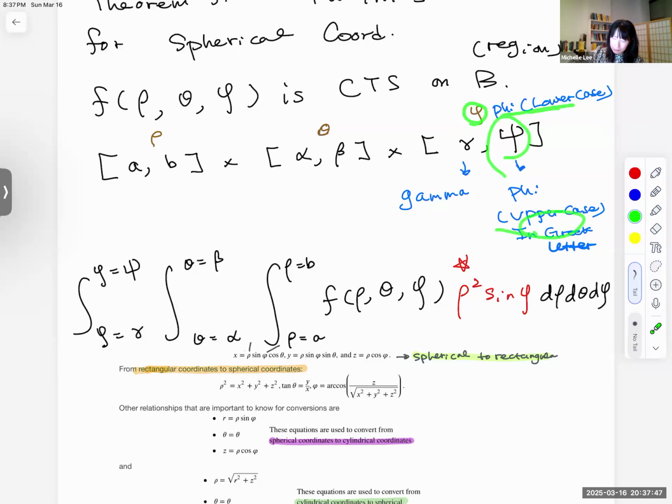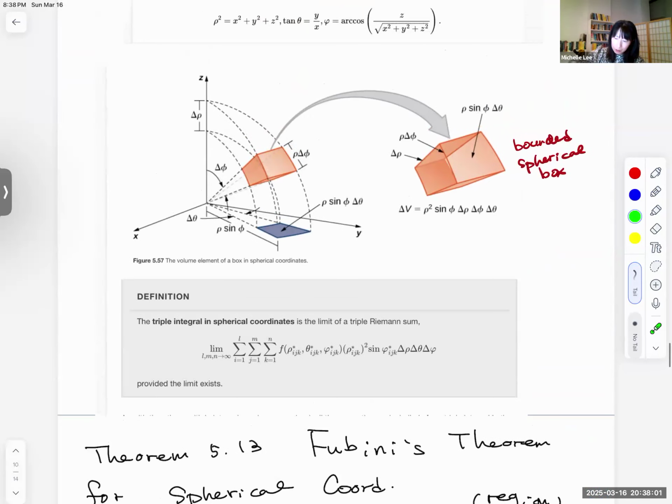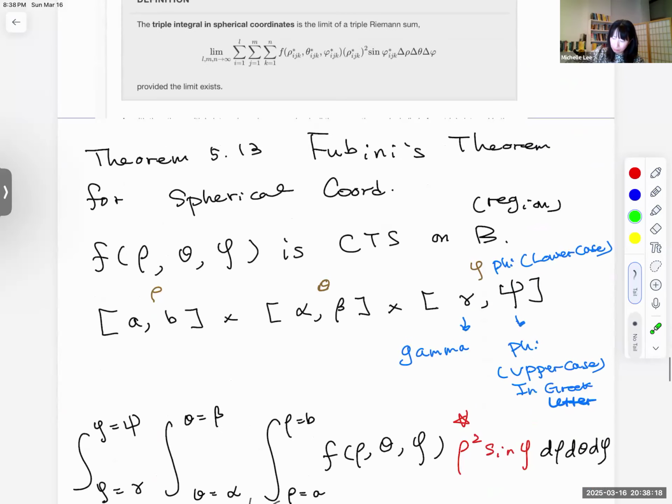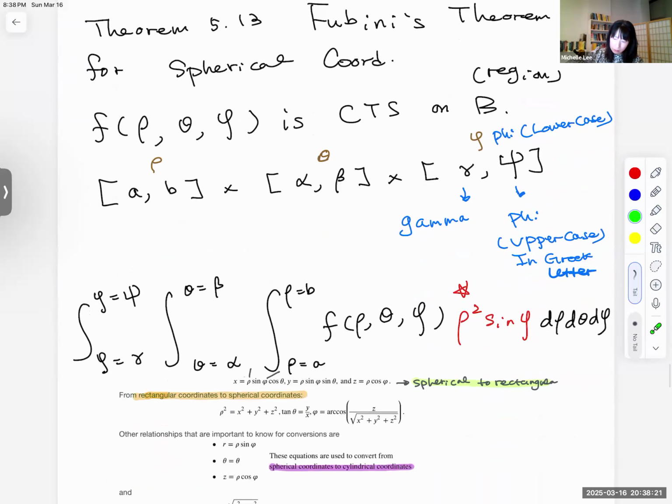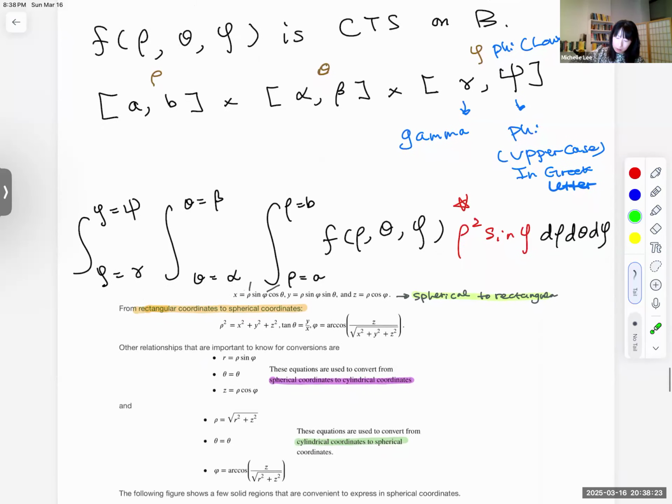This is the lowercase phi. Okay, in the spherical coordinates for triple integration we added rho squared sine phi, because from the volume we had rho there, rho squared, and then sine phi, and then delta theta, right? So we are using that.